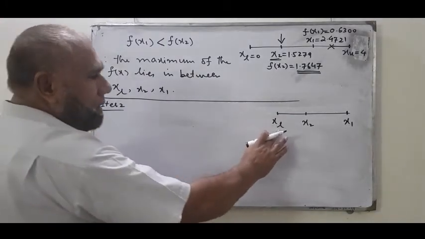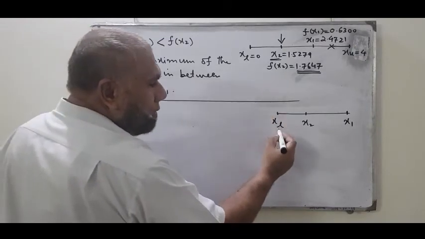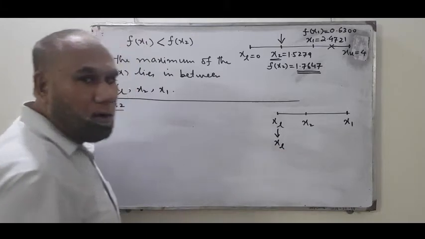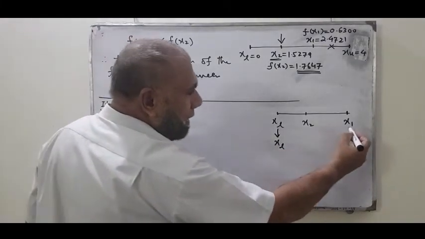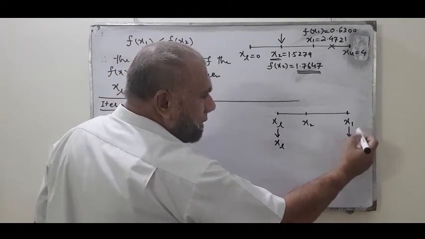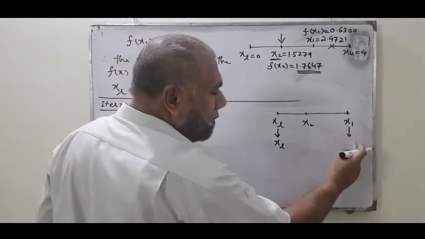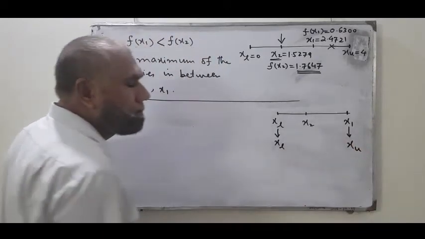So here you can see xl remains the left hand boundary point, so xl changes to xl, or in other words, it is not going to change. And on the right side, x1 is playing the role of your right boundary, so we can replace x1 old with xu new.